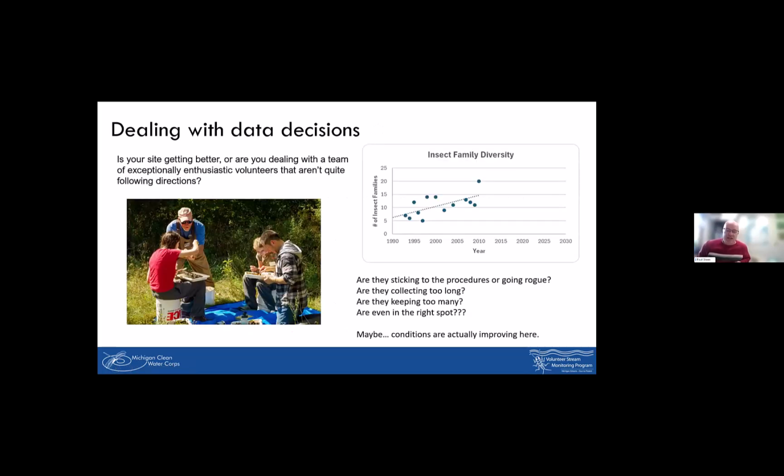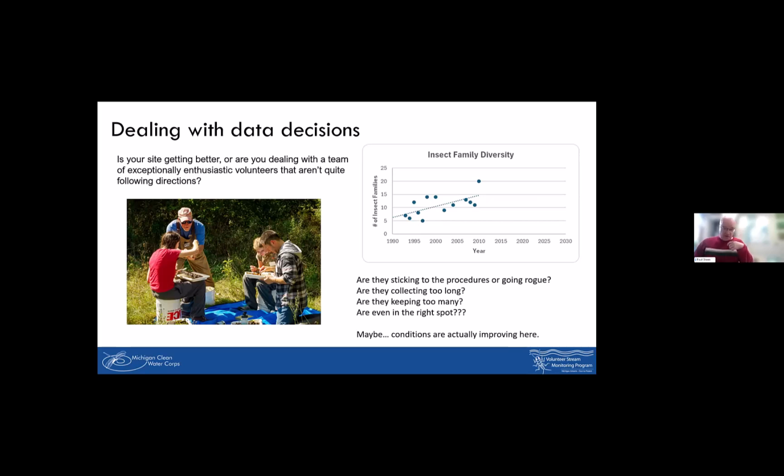So, dealing with data decisions. I'm specifically talking about some stream issues that come up when we're looking at our stream data. This graph would be something that our program leaders produce. It's a graph of data through time, and how our insects are changing in this particular stream.